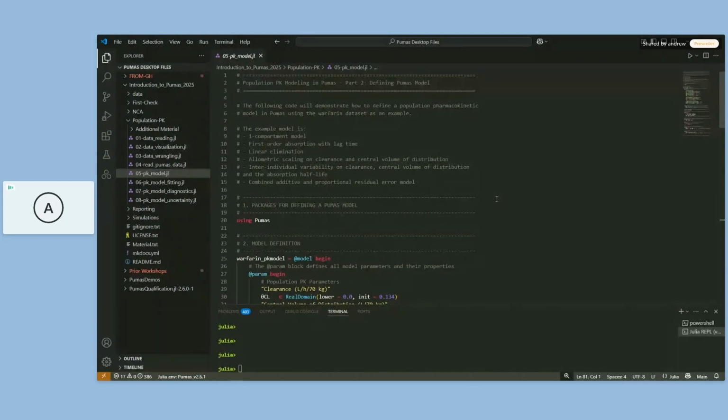And before we read and digest the model that's down here, I really want to first give you a background on what we need if we're developing a model from scratch.